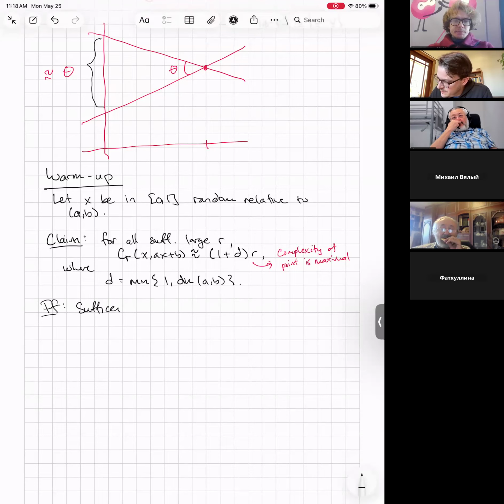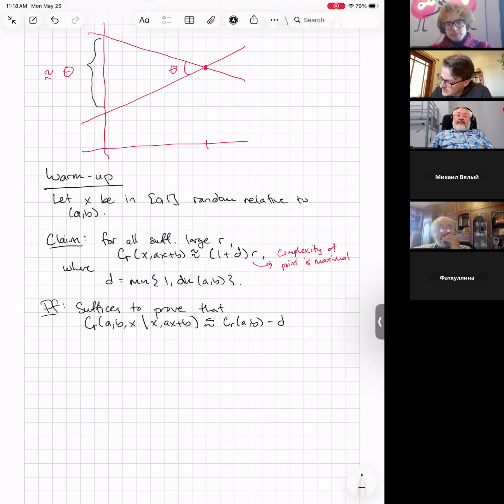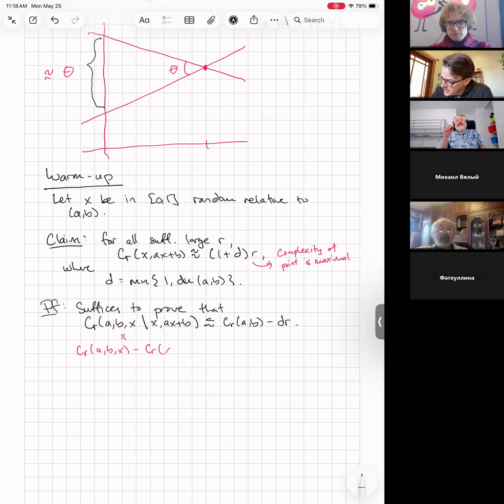It suffices to prove that the number of bits I need to compute the line and the point x given my point is at most the complexity of the line minus dr. Just to be clear about why this is sufficient, notice that by symmetry of information, this is equal to the complexity of ABX minus the complexity of the point, which in turn is equal to the complexity of the line plus the complexity of the point given the line.